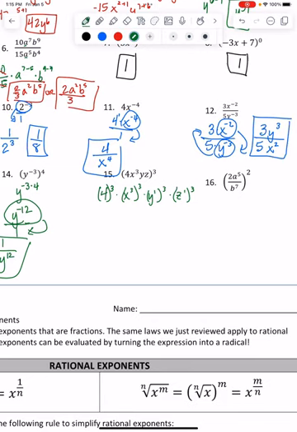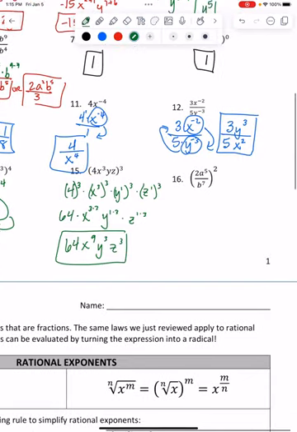So then we simplify. 4 to the 3rd is 64 times x cubed cubed. So power to a power, we multiply those. So 3 times 3, and then 1 times 3, and then 1 times 3. So we have 64, x to the 9th, y to the 3rd, z to the 3rd.